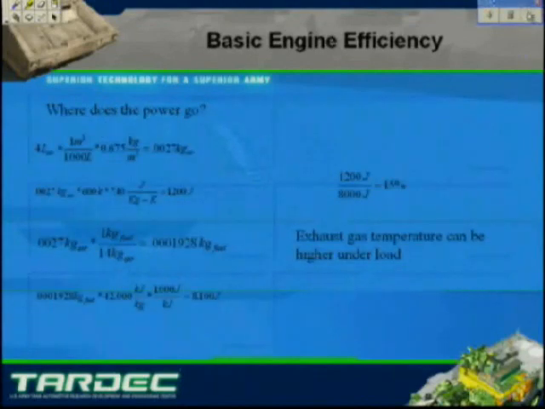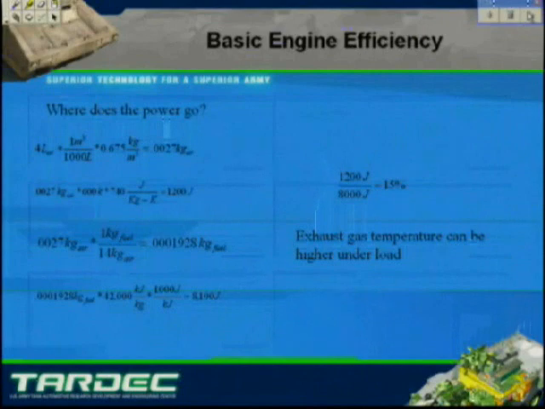So you start with 4 liters of air, which you convert to liters, and then you convert to kilograms, and you end up, so 4 liters of air weighs 0.0027 kilograms. You multiply that by the 600 degrees Kelvin that the air is increased, and multiply it by the constant. It takes 1,200 joules to heat 4 liters of air 600 degrees Celsius.